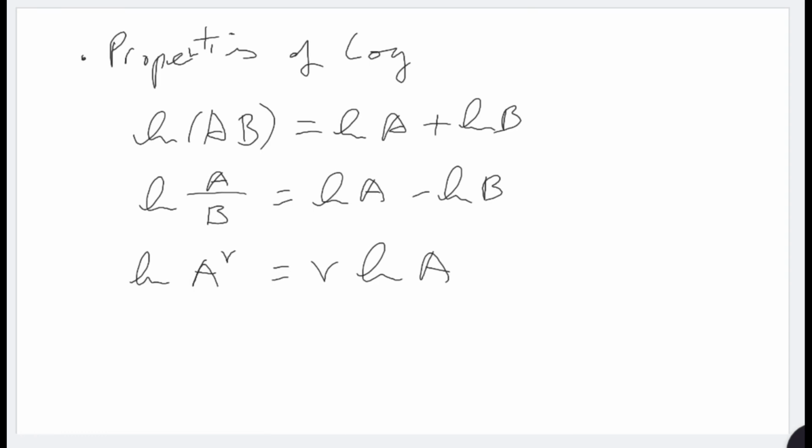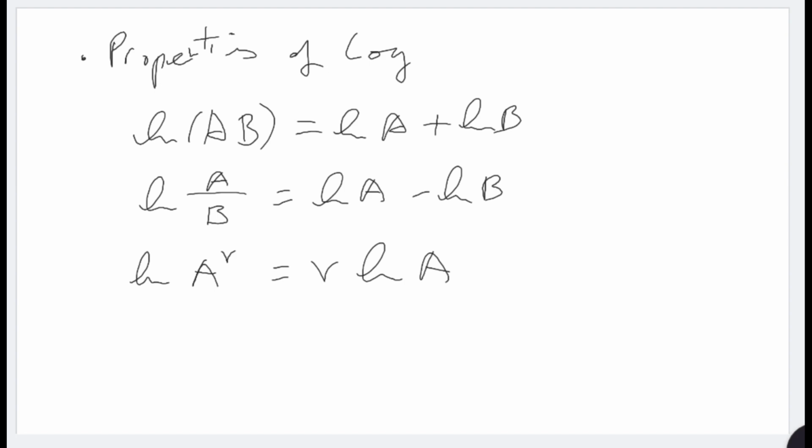Now, another time, the logarithmic structure can be complicated. It helps to use some properties of log to simplify first. There are 3 properties in particular that we use to simplify some complicated log.